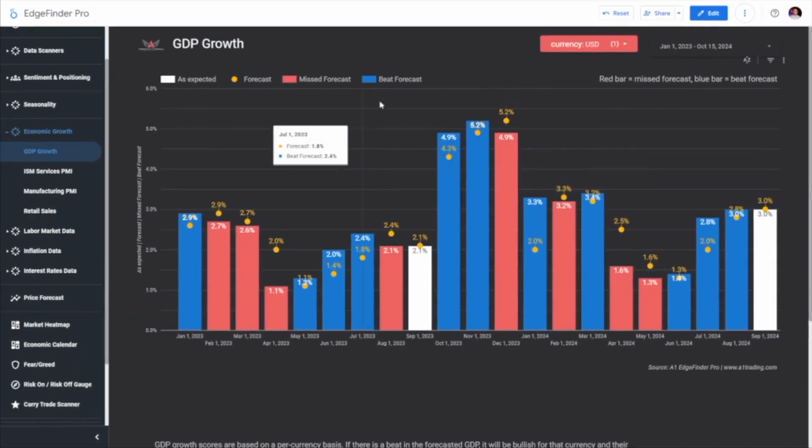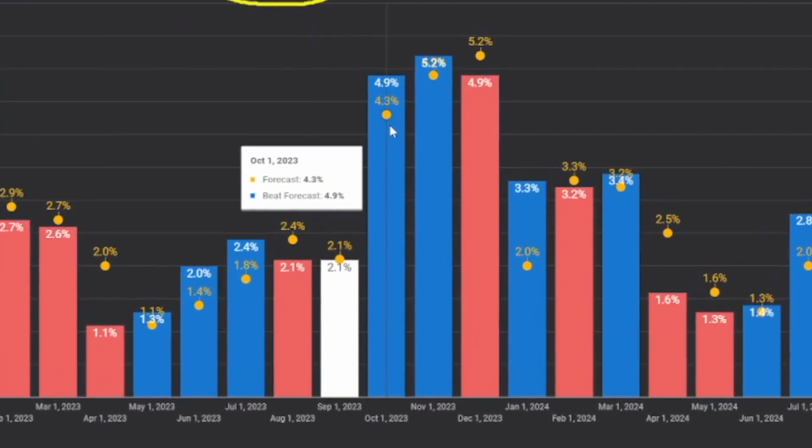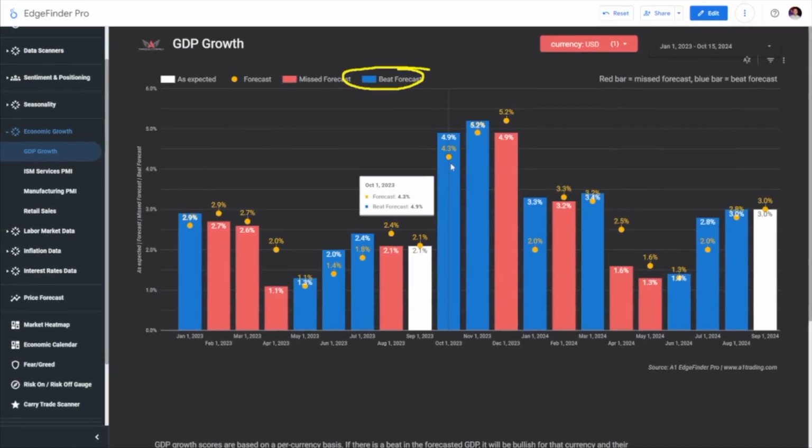So for example, if you see a blue bar here, it means that relative to forecasts, like this number here, the forecast was 4.3% for that respective report. What we actually got was 4.9%. So higher, stronger, beat forecast numbers, and that would of course be good for the underlying economy.